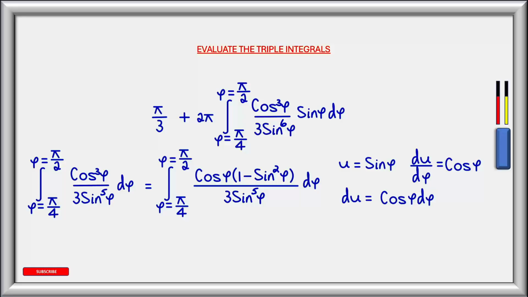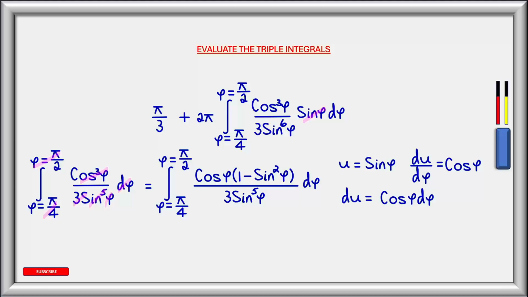And for the middle integral on the right hand side of the plus sign, I've multiplied through by sine phi, and this gives the integral from phi equals pi by 4 to phi equals pi by 2 of cos cubed phi divided by 3 multiplied by sine to the power of 5 phi d phi.